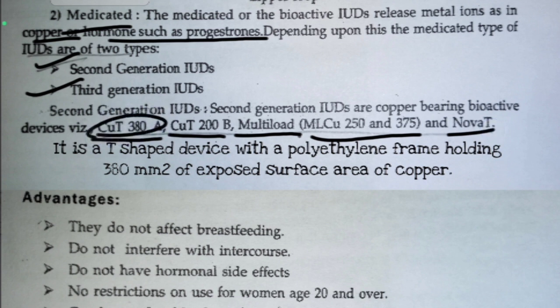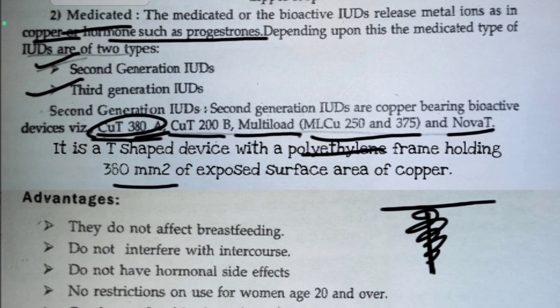Copper T has a T-shaped frame made of polyethylene, and the copper covering this frame is 380 mm square. That is copper T380A. Copper T200B is the polyethylene T frame covered with 200 mm square of copper. Likewise for 250 and 375.